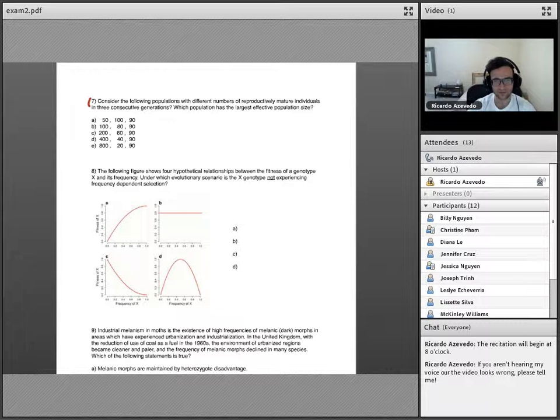So for the first population, it's 50, 100, and 90, which would be 73. For the second one, it's 100, 90, and 80, which is 89.